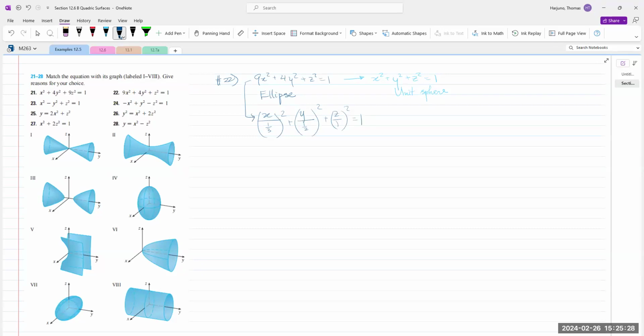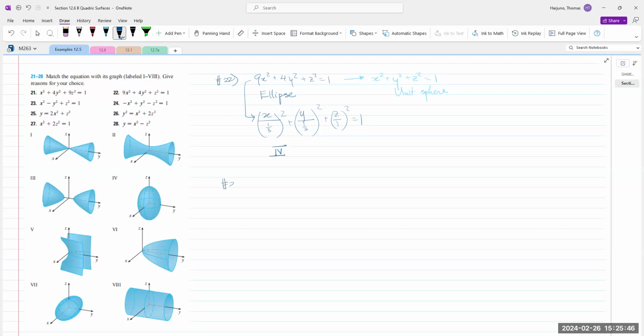So it seems like we shrink by a factor of 1/3 in the x direction and by a factor of 1/2 in the y direction. The z is the longest, so this will be number 4. Okay, that's for number 22.